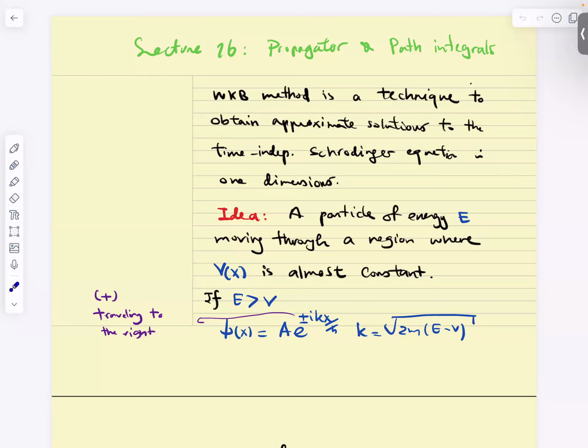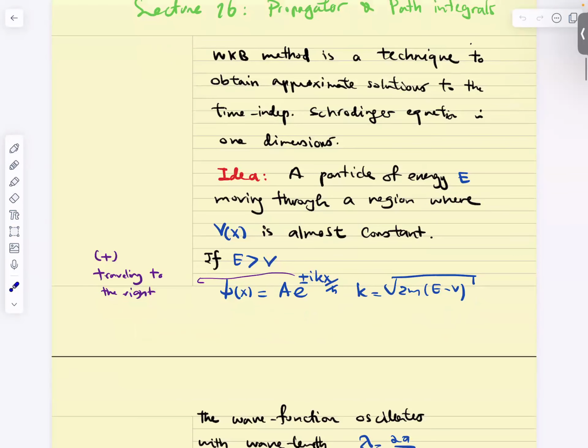There's a reason for that: higher dimensional systems, often using symmetry, you could turn into one dimensional. For example, you could talk about the radial component of a higher dimensional problem, which could be effectively one dimensional, and then you might be able to use WKB, as we actually do. But the example we're going to discuss is just one dimensional.